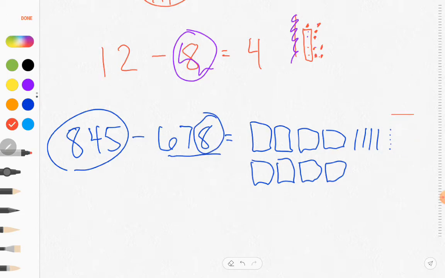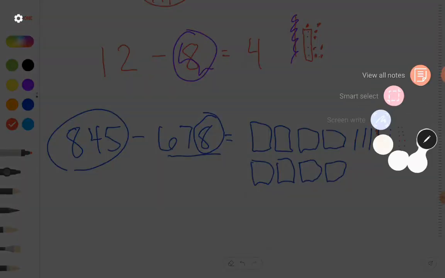I don't have 8 1s to take away, so I have to regroup that. And I'm going to do 1, 2, 3, 4, 5, 6, 7, 8, 9, 10. Now I can take away my 8 1s.